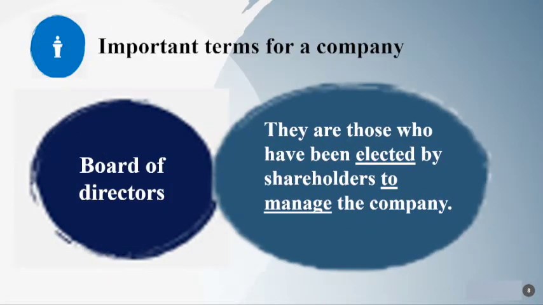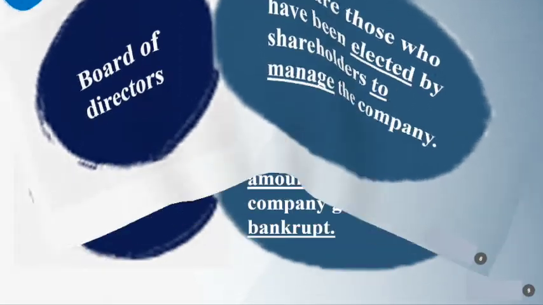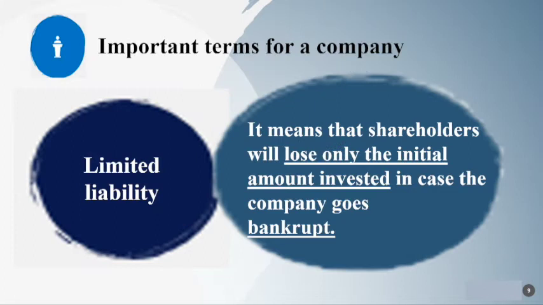Board of Directors. They are those who have been elected by shareholders to manage the company. Limited liability. It means that shareholders will lose only the initial amount invested in case the company goes bankrupt.